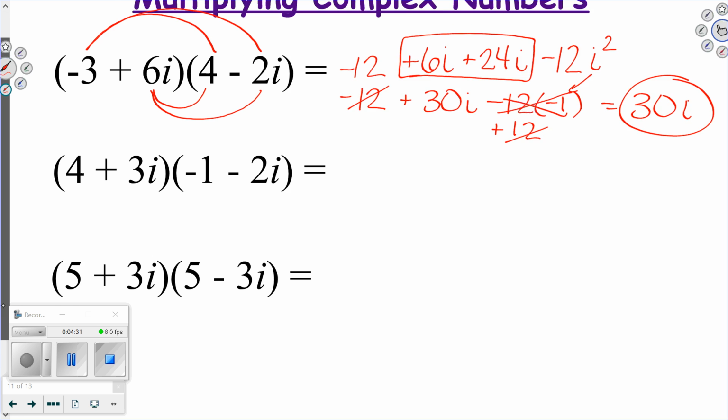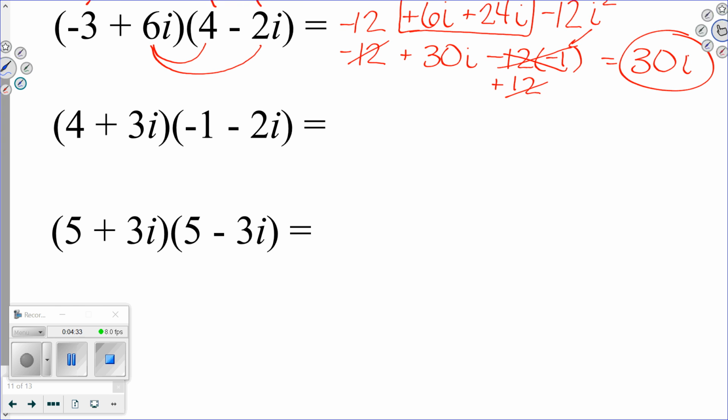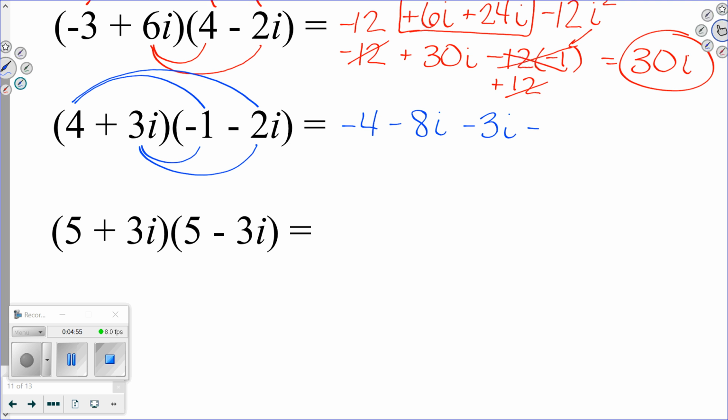All right, how about the next one? Distributing 4 times -1. It's -4. 4 times -2i. It's -8i. 3i times -1, -3i. And 3i times -2i is -6i squared. i times i is i squared.